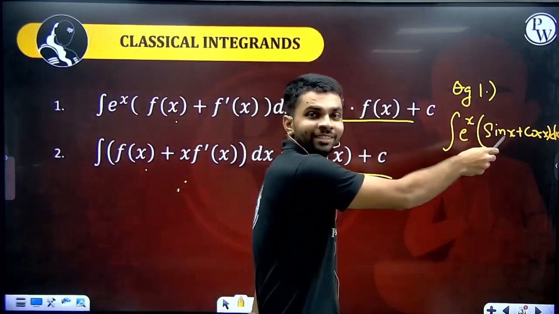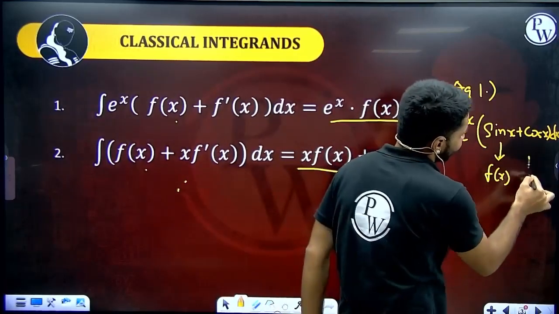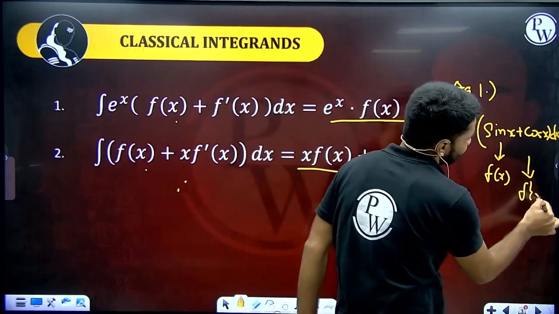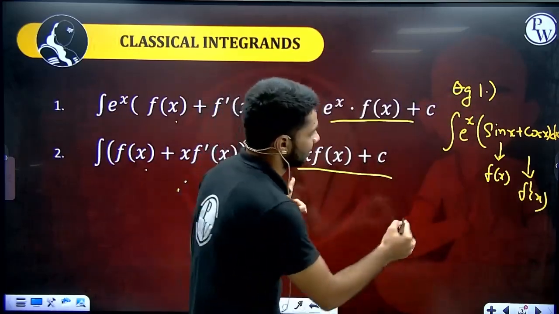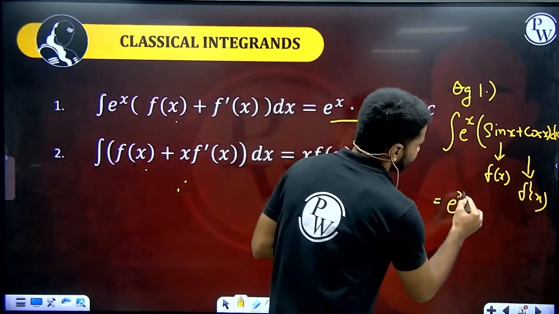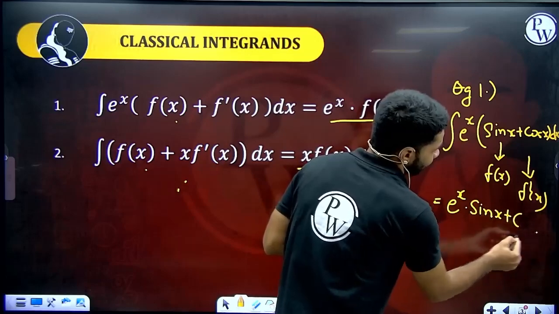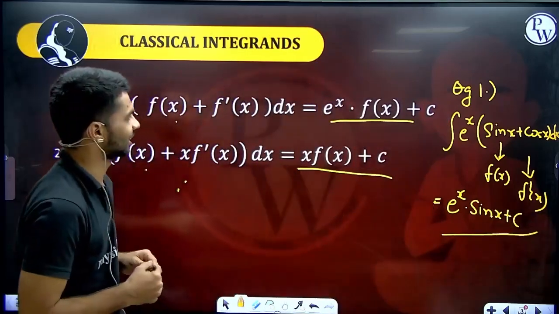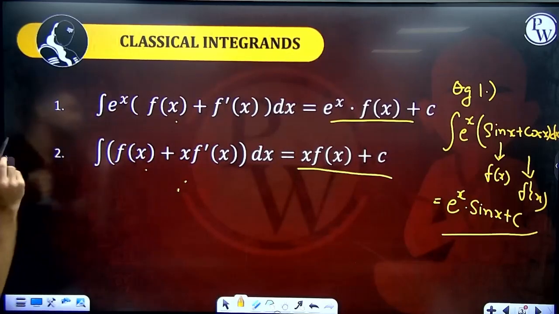Differentiation of sin x is cos x. So this is f of x, this is f dash x. So integration of this will be e to the power x f of x plus c. That means e to the power x into sin x plus constant of integration. Never forget constant of integration. Okay. Now again one more example we can take.